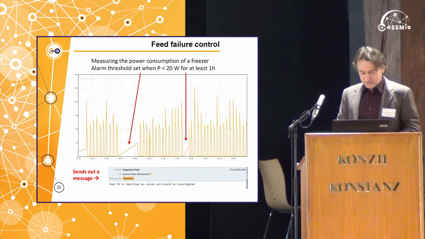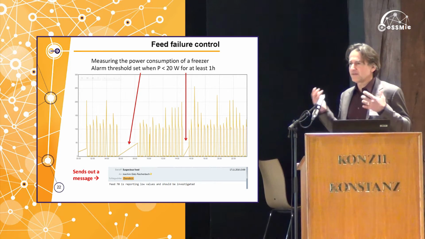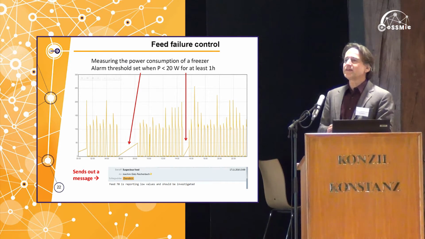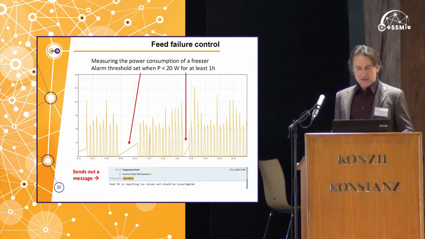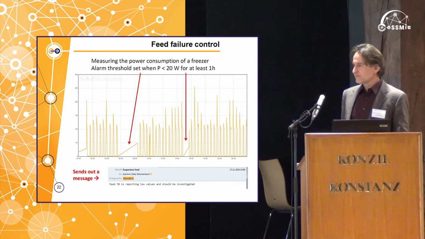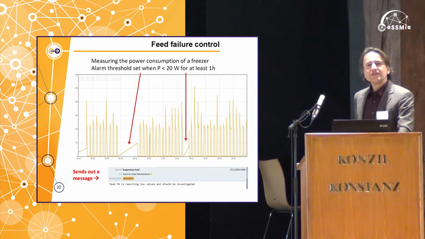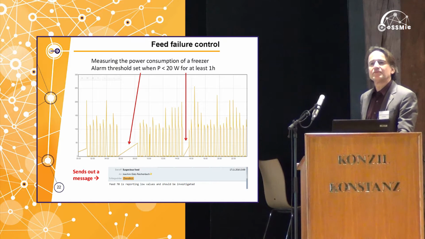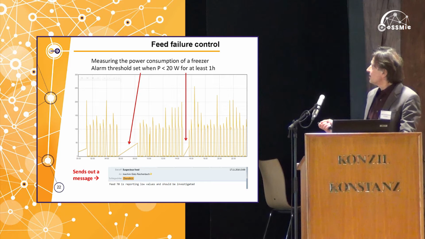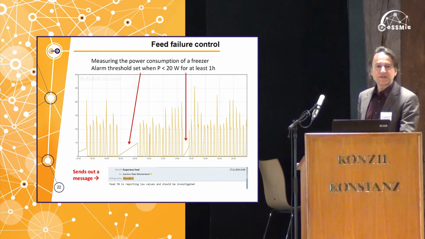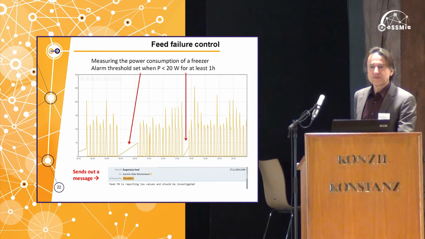Now, just to come to an end, when people ask, the system is collecting data, and what's going on if the system fails? So we have added a small routine which is measuring the consumption of a device, and we set an alarm threshold of 20 watt when the system is more than 1 hour, for example, below this value.